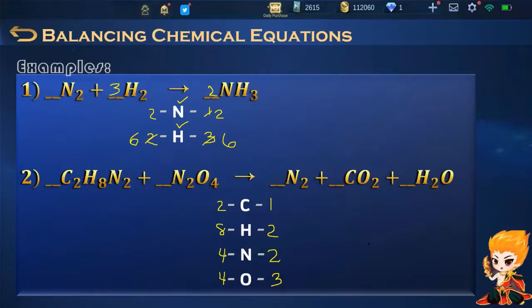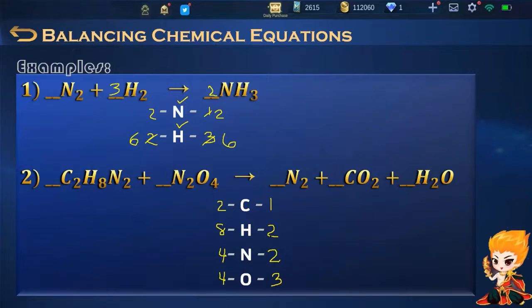That would be hydrogen, because it has the highest value of atoms, 8, and it exists only once in the reactant and in the product. If it existed twice, don't balance it first, because it will be affected.